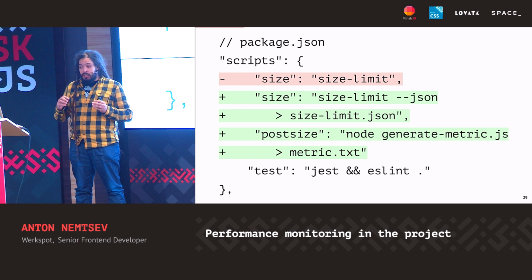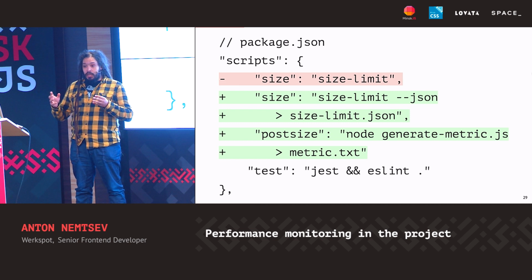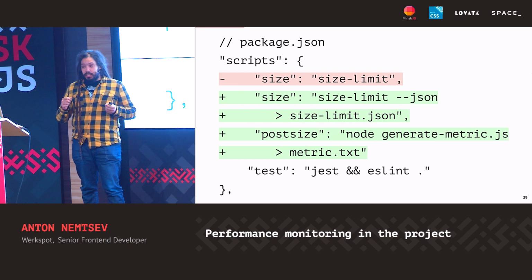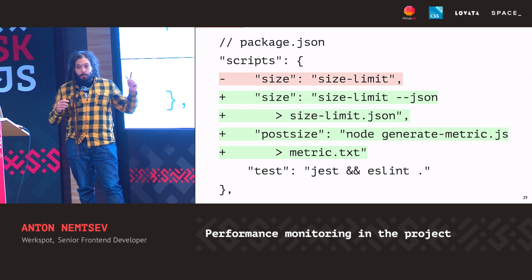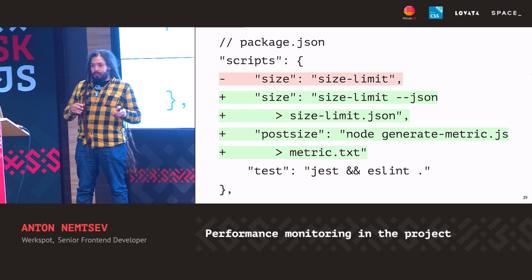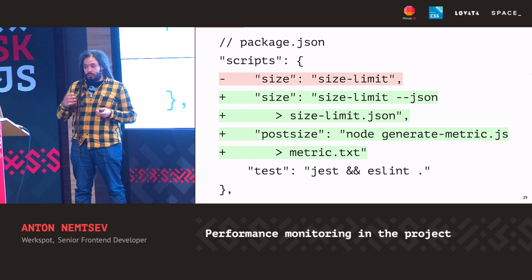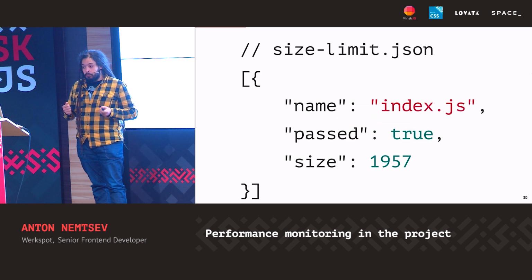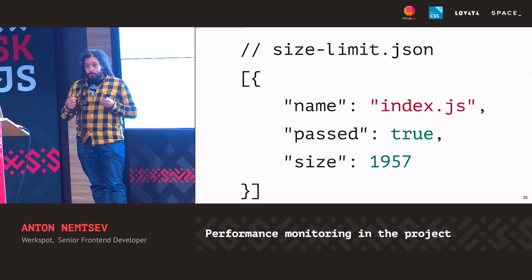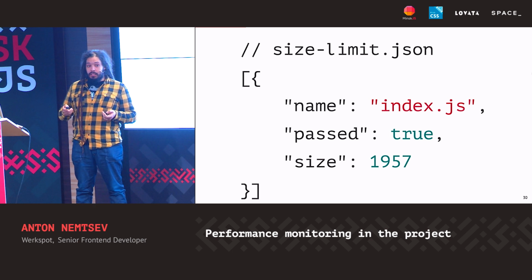Size limit now doesn't output stuff in the console, but generates the report in JSON format. And with the post prefix, we automatically run another script that will generate an artifact. That's the format of the output of Andrei Sitnik's library. It contains the file name, whether it passed the test or failed it, and the current size in bytes.